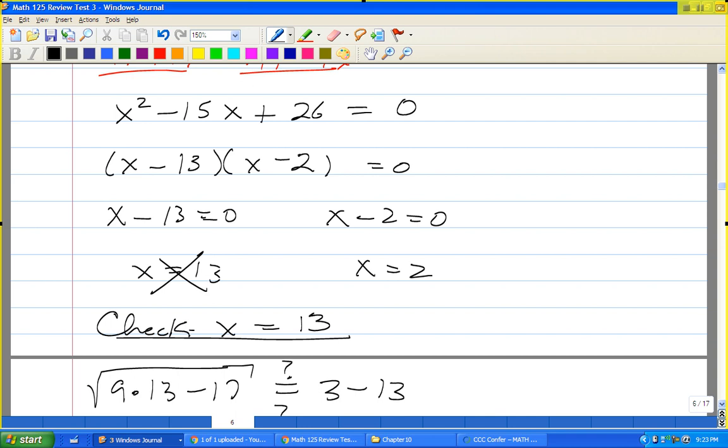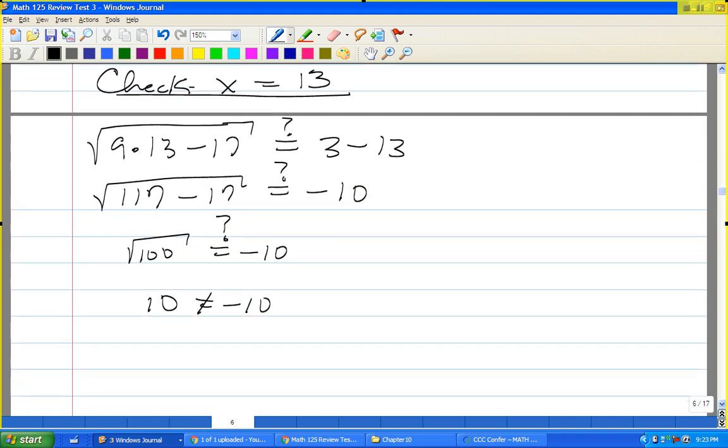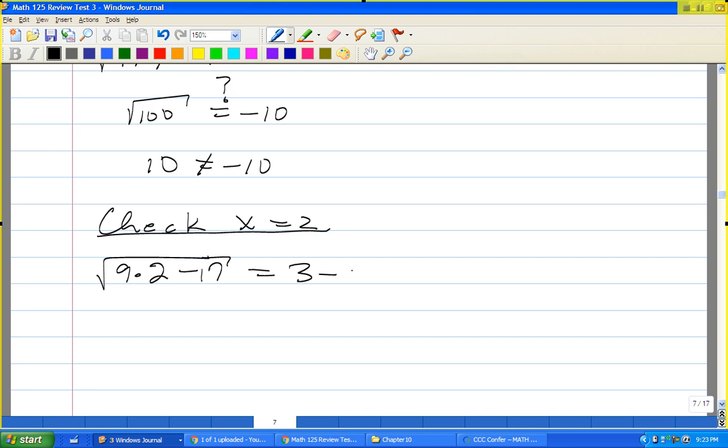Okay. Now let's check. So for problem 38, let's check 2. And so is the square root of 9 times 2 minus 17 equal to 3 minus 2?